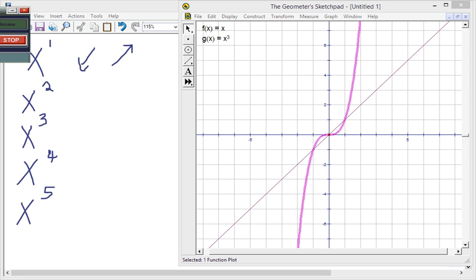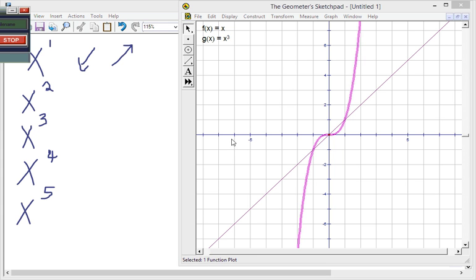I left the first degree one on, and I'm showing you the 3rd degree. This is our cube function from the library of functions. Look again at this. The end behavior is what we call this. As x gets larger, y gets larger, goes to infinity.